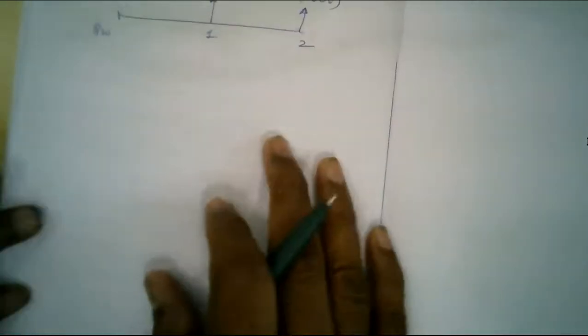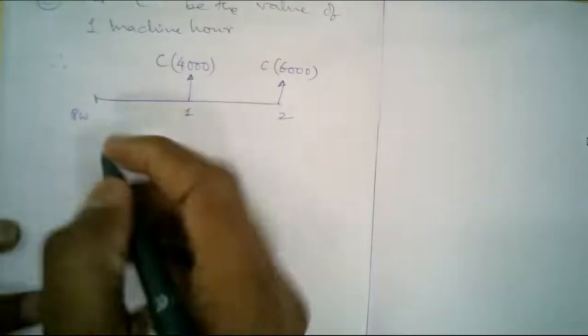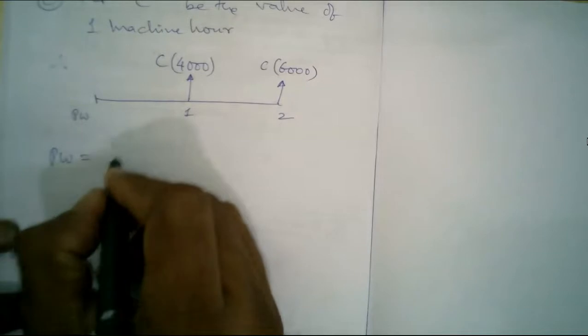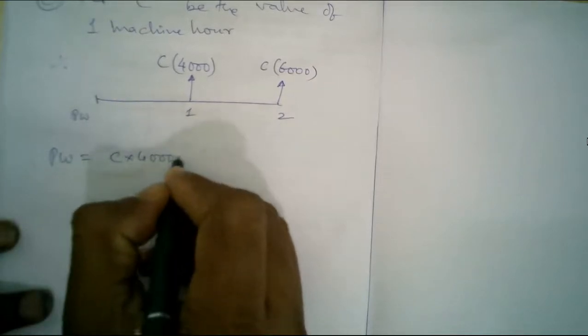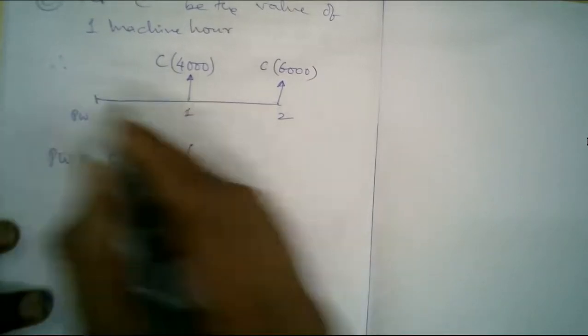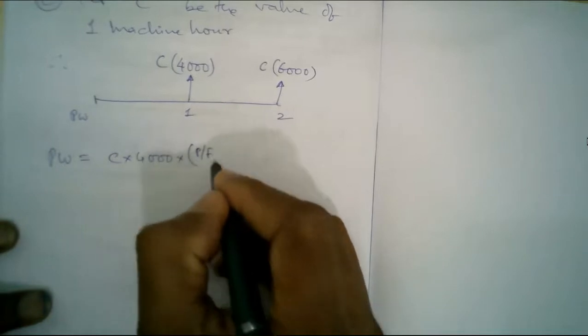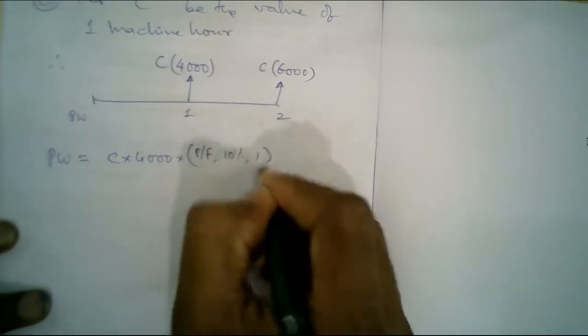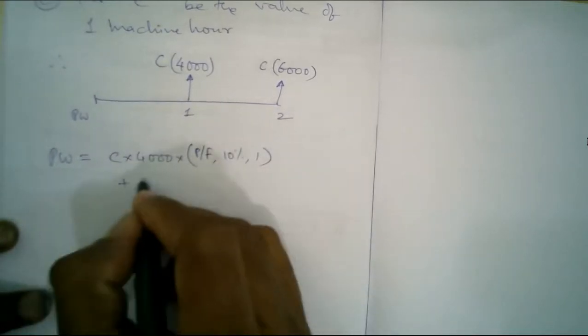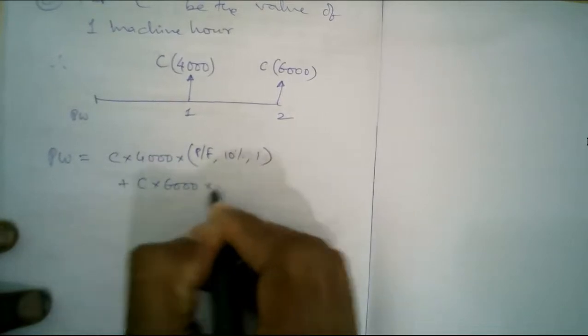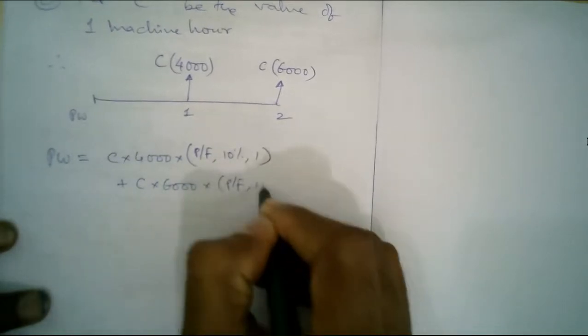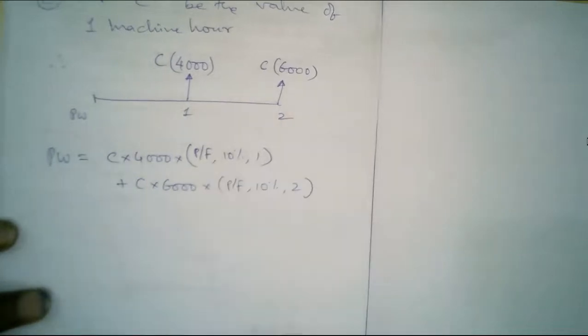So how do you find the present worth? C into 4,000 into P by F, 10%, 1 year, plus C into 6,000 into P by F, 10%, 2 years.